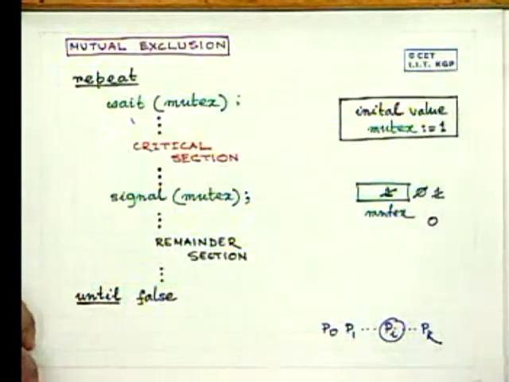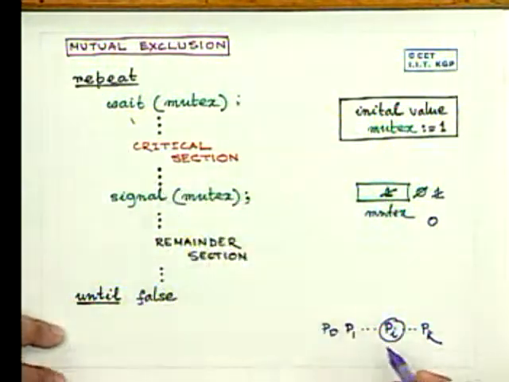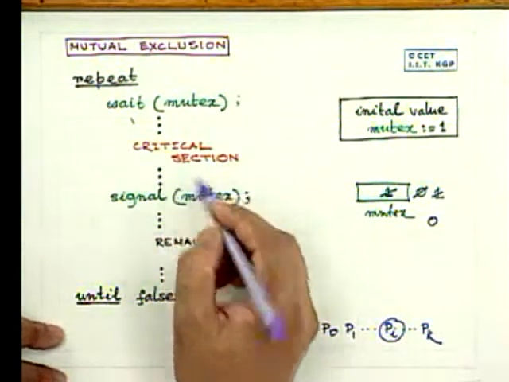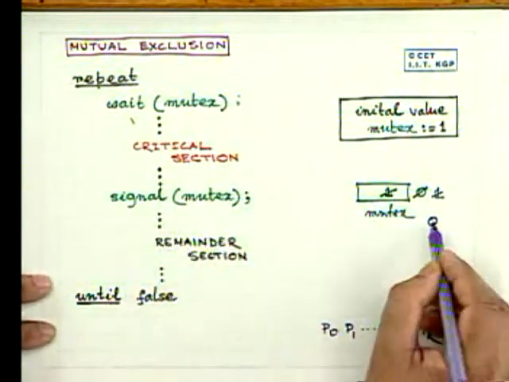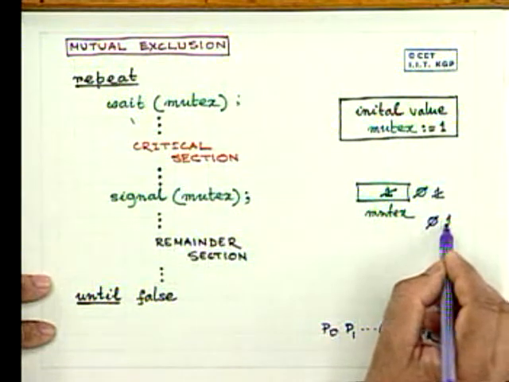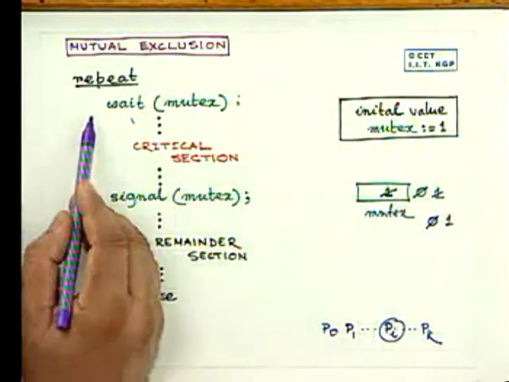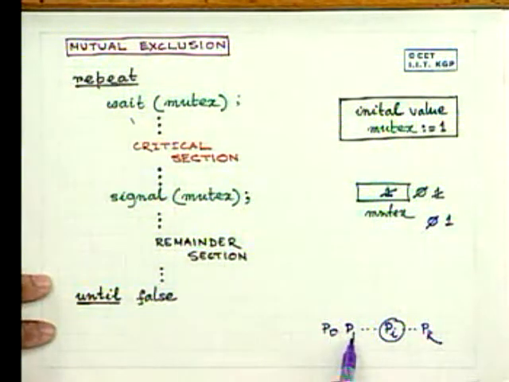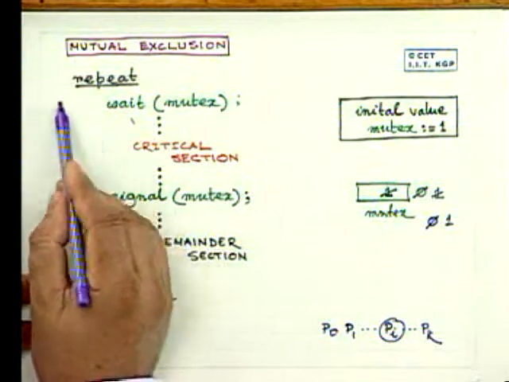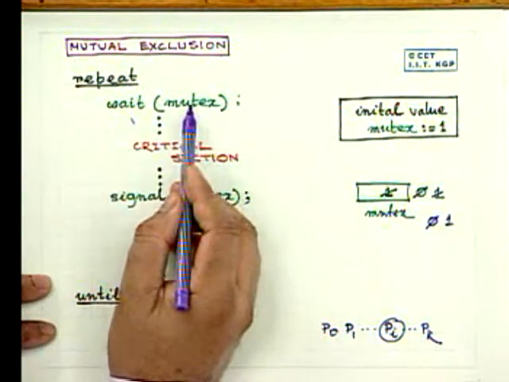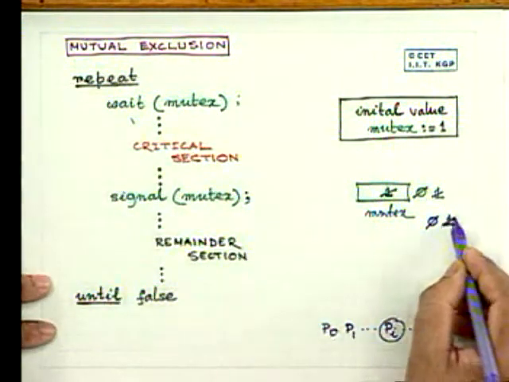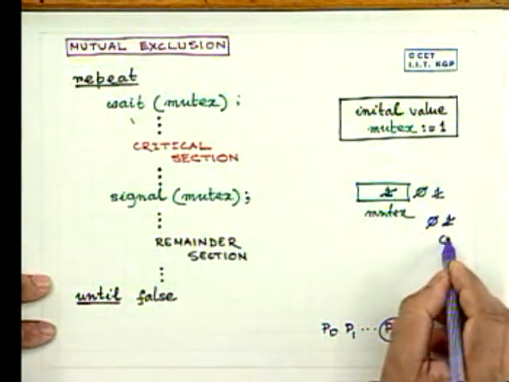So for example, say Pi comes out of the critical section and signals mutex by incrementing it by 1, and it is in the remainder section now. Any process from P0 up to Pk except Pi that is waiting on this mutex can now enter the critical section by making it 0.